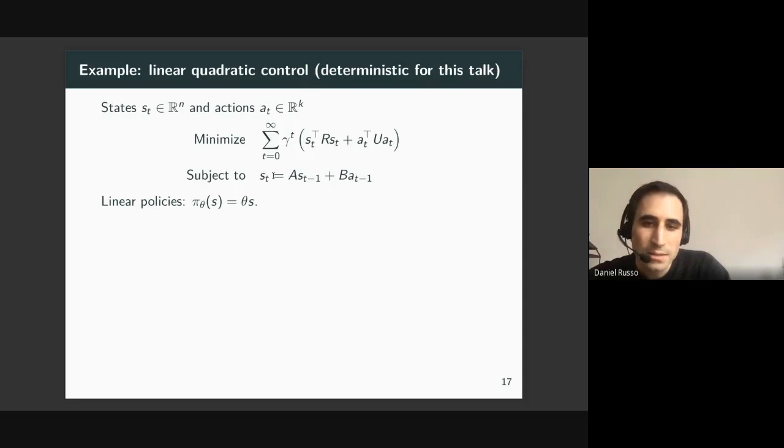The state evolves according to this linear system here, a controlled linear system. Now, it's known in classical theory that linear policies are optimal in this problem. So here, theta, which we often view as a stacked vector, is maybe better viewed as a matrix. And the action you play when in state S is just theta times S.